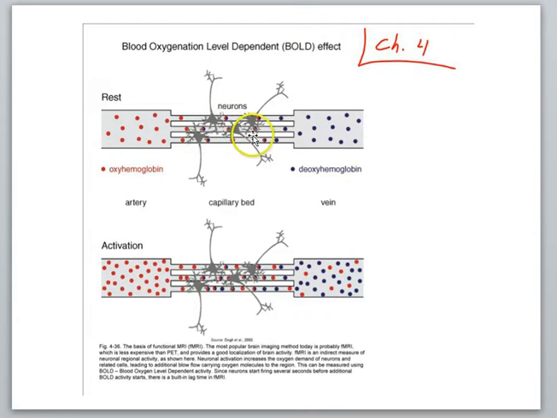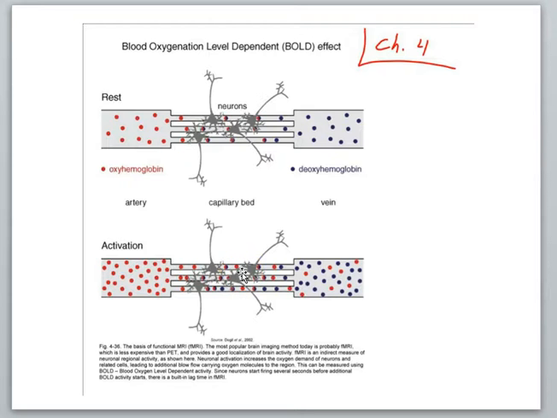So when these cells are just at rest, they use some amount of oxygen and glucose. But if that particular set of brain cells becomes active because of some task, they're involved in doing some kind of computational process, then they signal the nearby blood supply to increase blood flow, bringing more oxygen and glucose, right?